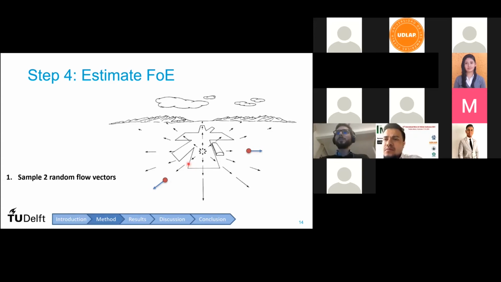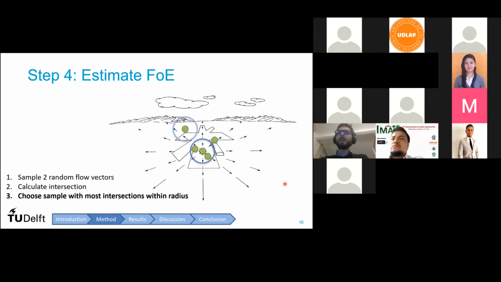And then we need to determine this focus of expansion. So what we do is we pick two flow vectors, and then we try to find the intersection of where they come from. In an ideal case without noise, it would go exactly to the focus of expansion. And we do that a number of times, and because flow has some noise, of course, you get some statistics for these intersection points.